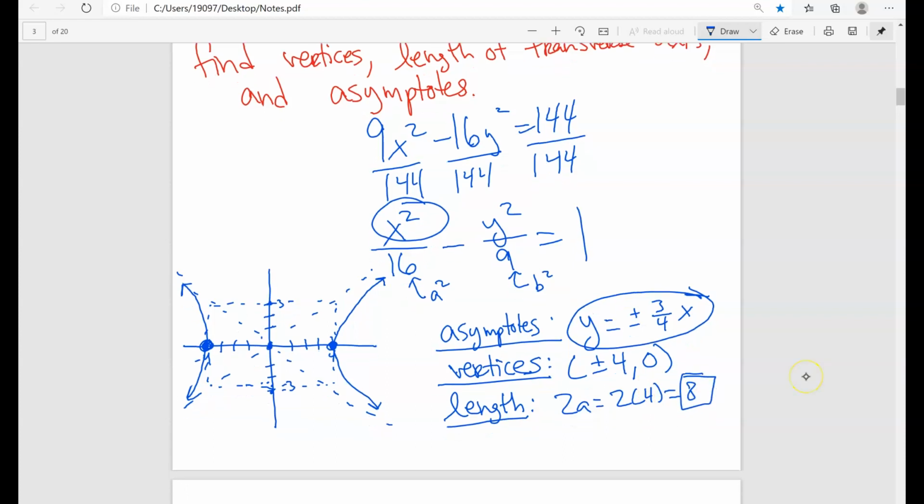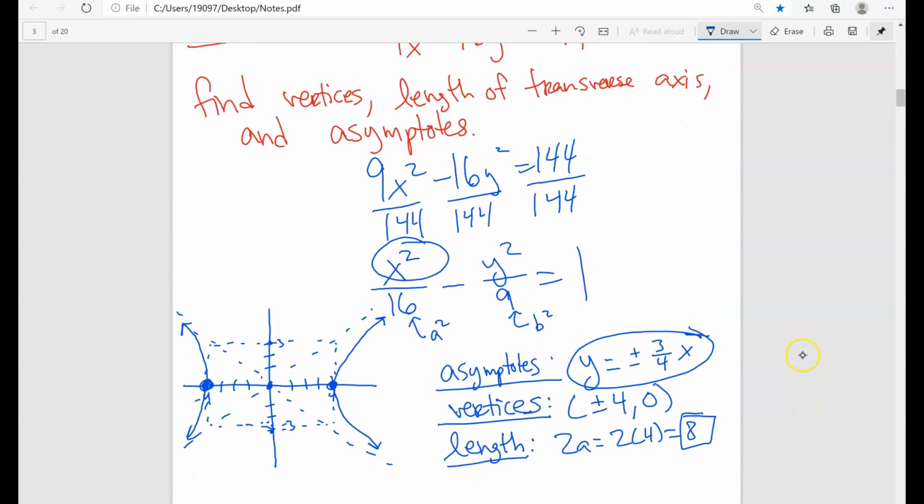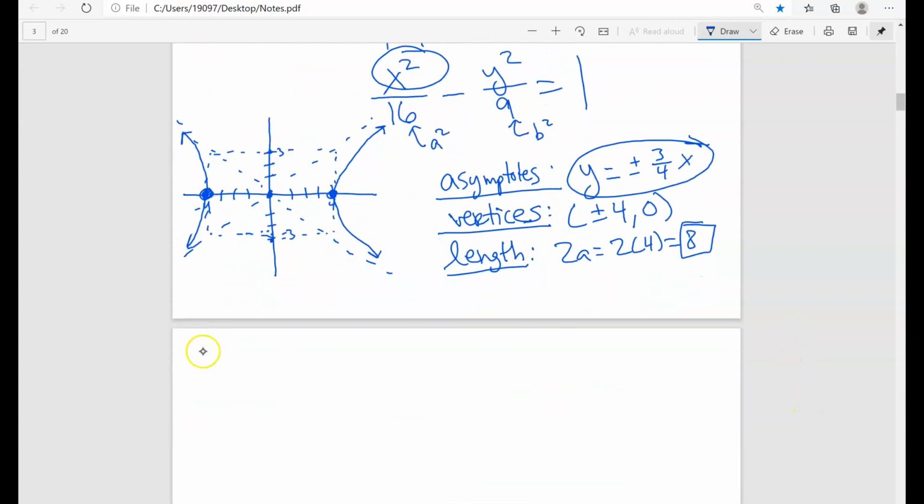And then finally, did I not want the foci? Well, I guess I didn't want the foci. Okay, well, let's just find the foci just for the heck of it. That's going to be c squared equals a squared plus b squared. So c squared is going to be a squared, that's just 16, plus 9.